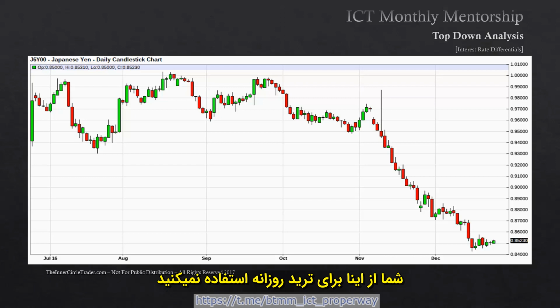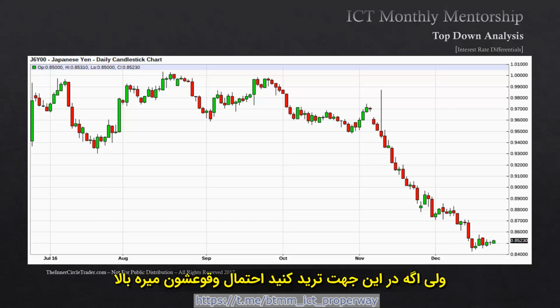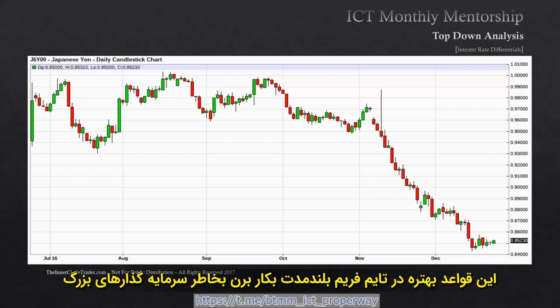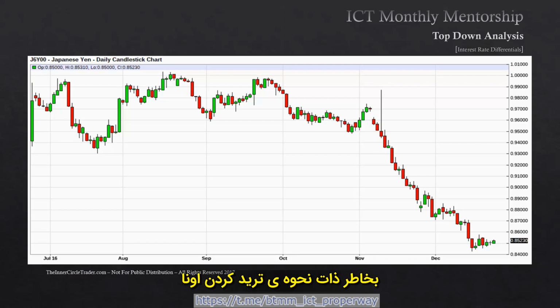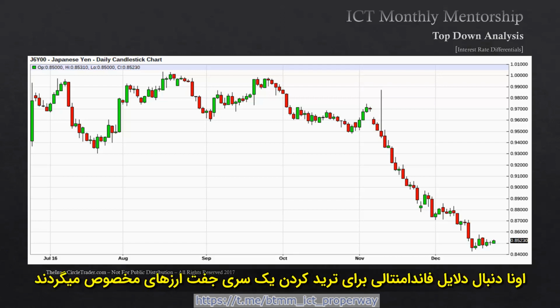You're not using them to day trade, you're not using them to facilitate short-term trades. But if you trade in that direction, obviously your trades will be a lot higher probability, but they're more inclined to be used on a higher time frame basis, because the large funds, because of the nature of their trading style, are trend following in nature, and they're going to look at fundamental reasons to trade specific currencies.